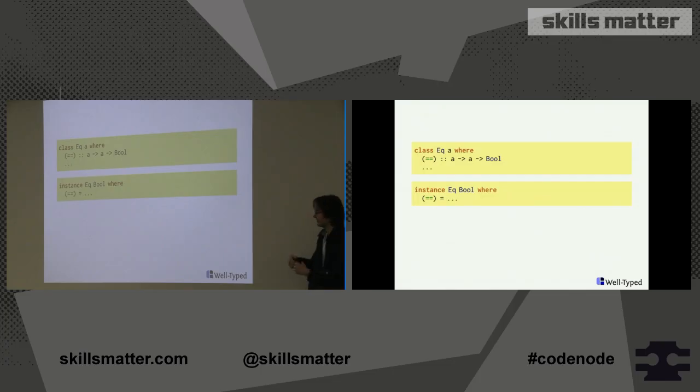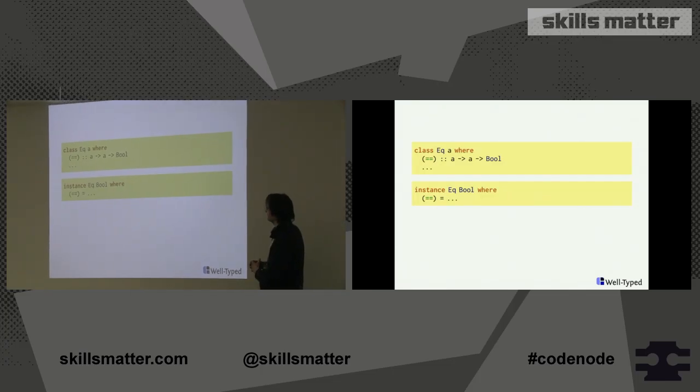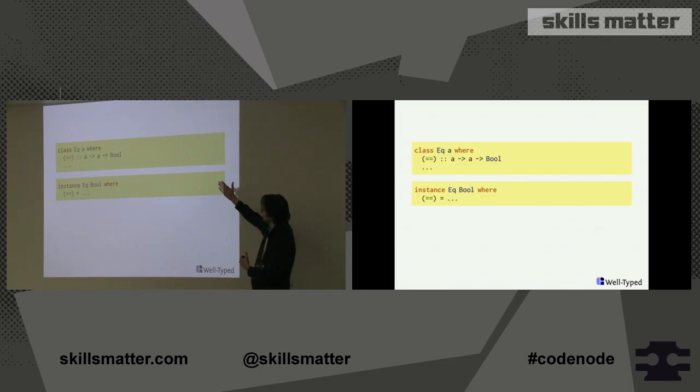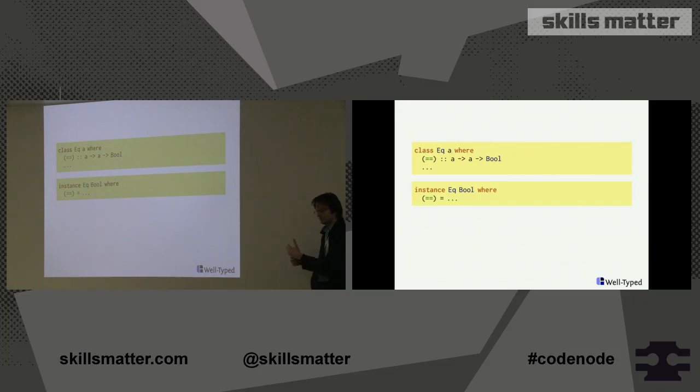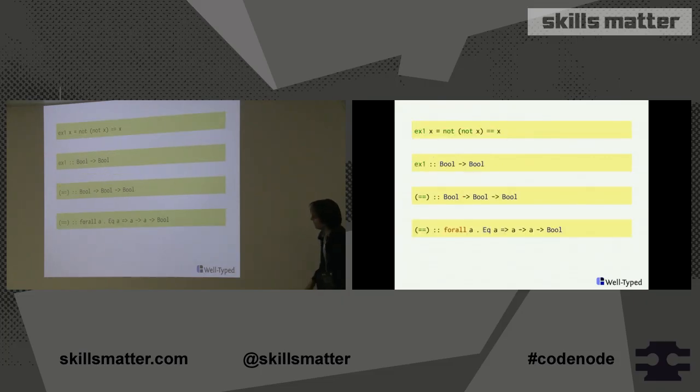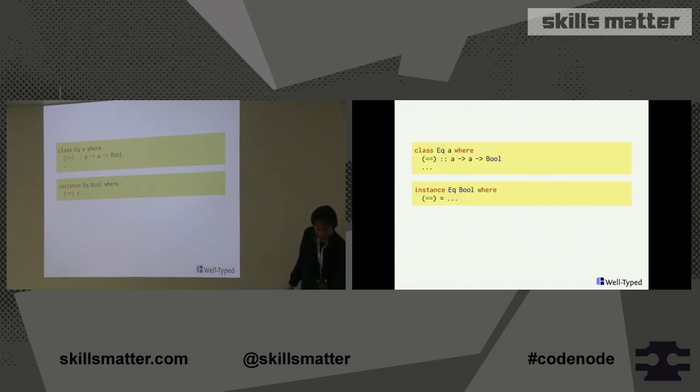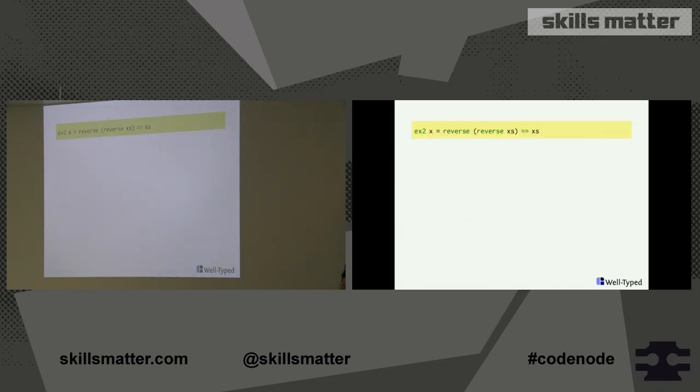Now, there is a class, equality, that's defined roughly like this, and I have an equals method that has type A to bool, and then there is an instance of equality for booleans that gives a definition for the equals method on booleans, and that's why this function actually works intuitively. That's why we can use the equals method at the type bool when it has the most general type like this.